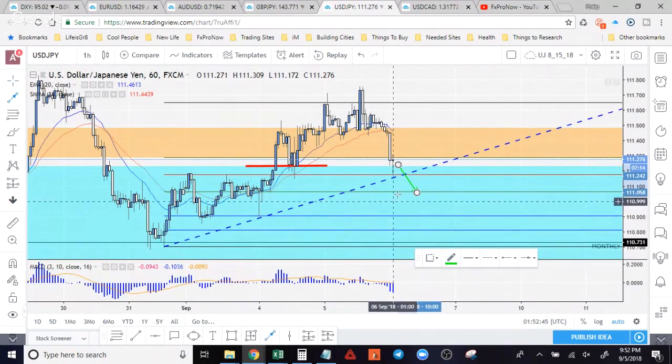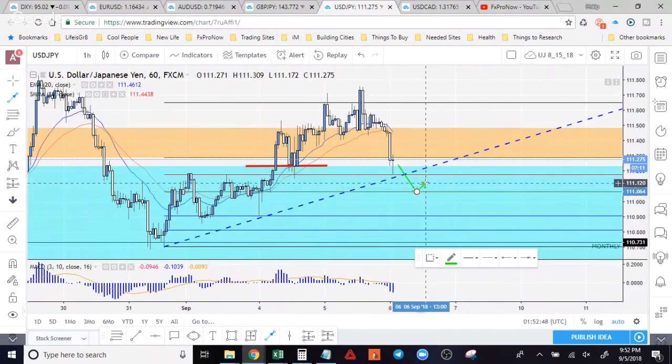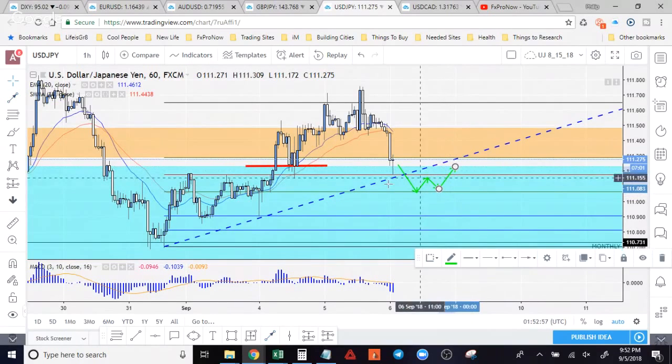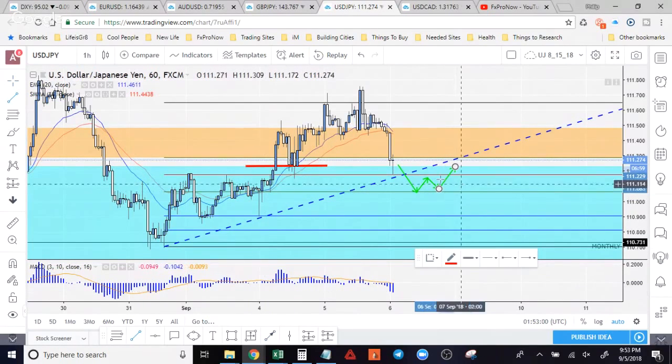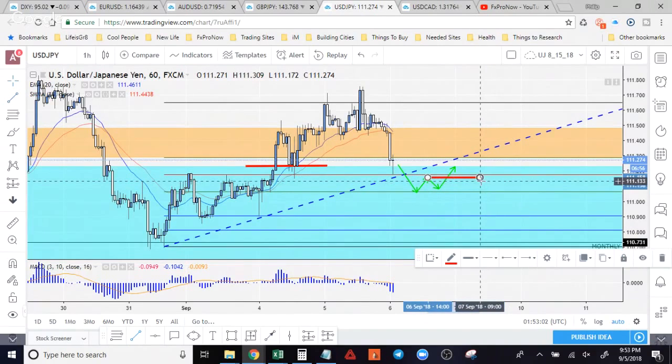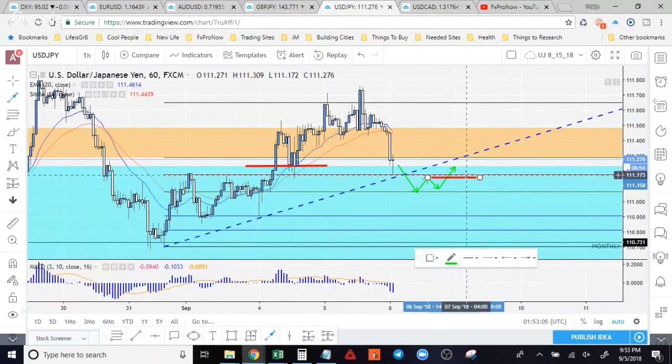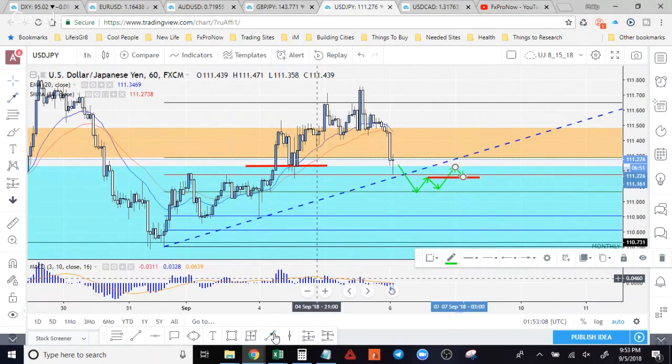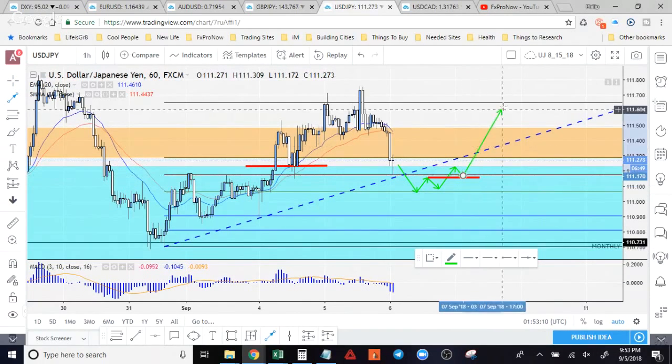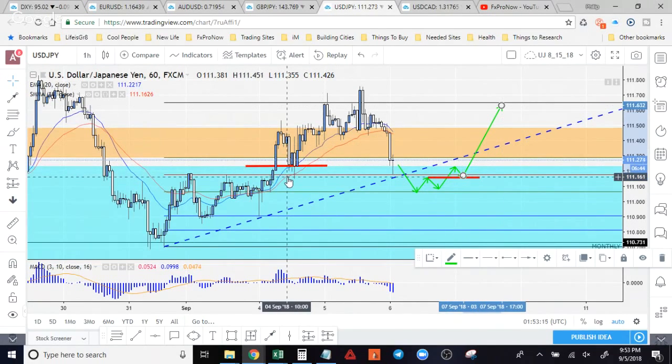What it'll do is push down to 61.8, slow up a little bit on the lower time frames, push up, push down again, and then from there break that area, boom, and then retest that area, and then from there continue its way to the upside if that's what it wants to do. But obviously the market's going to be the market, so you'll just have to look at what it's doing. Pay attention to what it's doing.